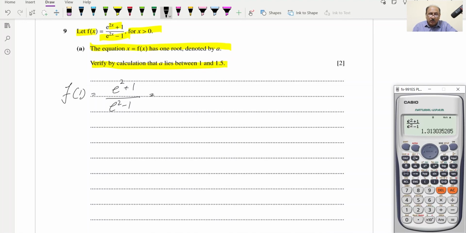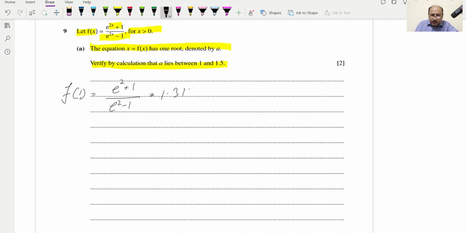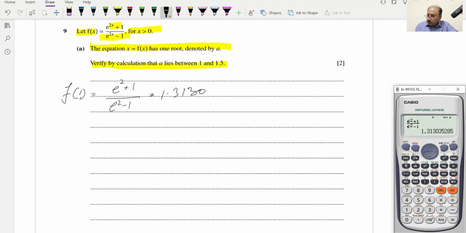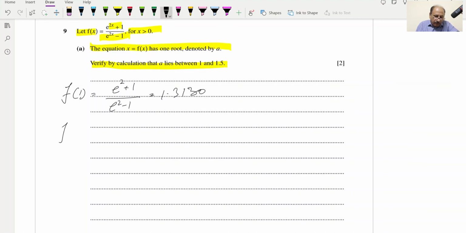This will be equal to 1.3130. Now for f of 1.5 also, we can write e raised to the power 2 into 1.5, which is 3, plus 1 over e raised to power 3 minus 1.